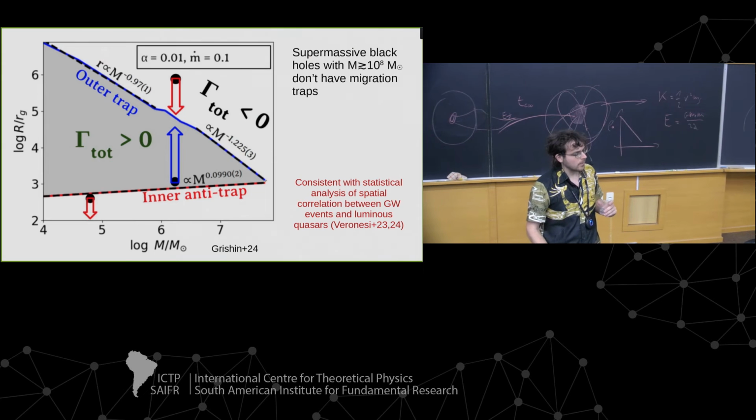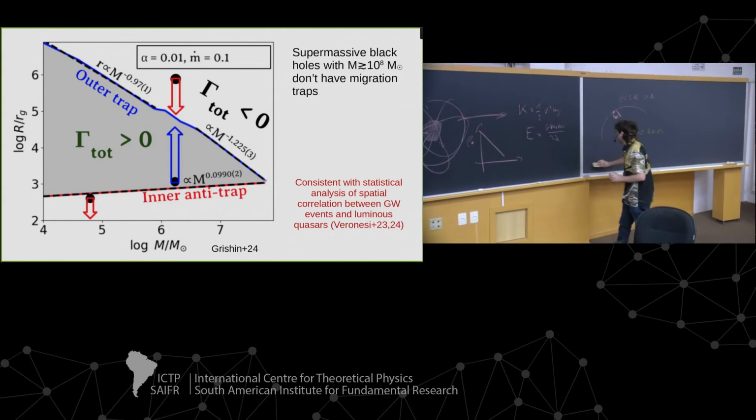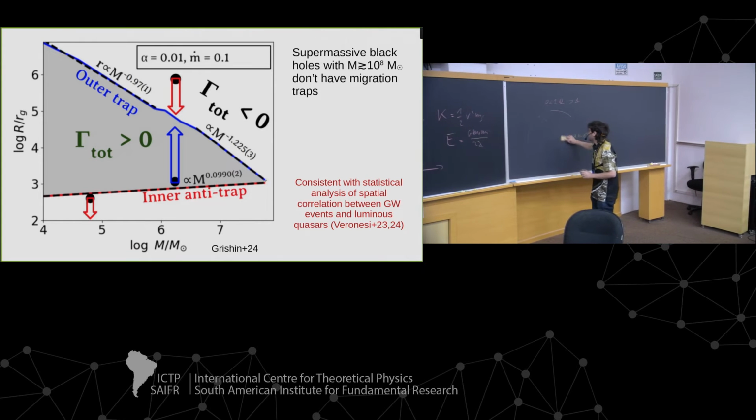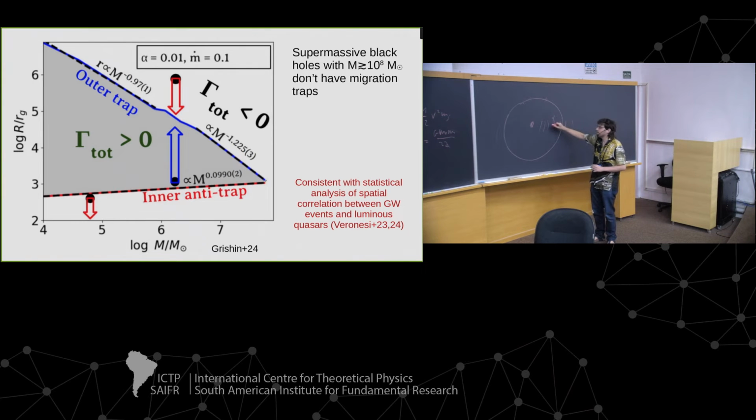For example, we are using exactly the same recipes for migration that we use for protoplanetary disks. So we assume that these planets are embedded in the accretion disk, and there is a spiral density wave on this side and on this side. These induce a torque. This torque drives the planet inward, this one drives the planet outwards.